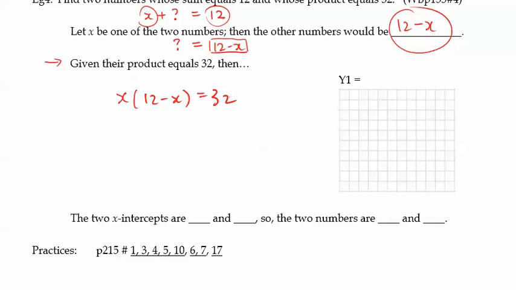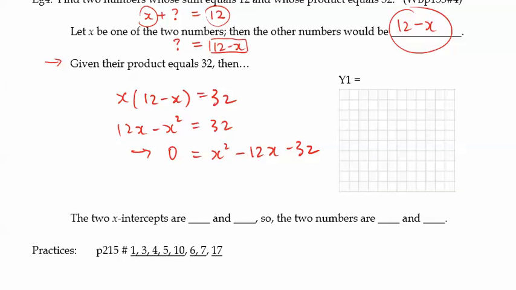And here comes an equation. It may not look like a quadratic equation, but if you expand it, you will start to see the x squared, and it will turn into a quadratic equation when you bring everything to the same side.